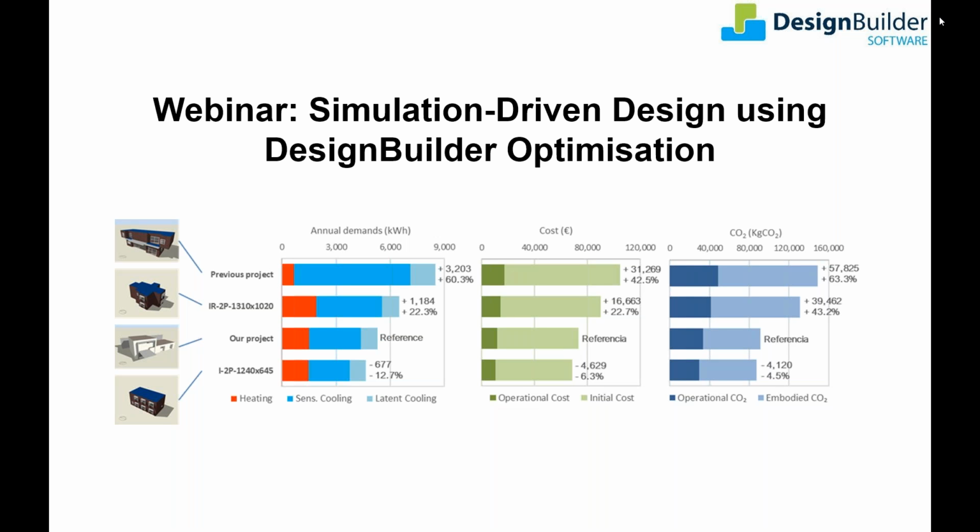Arturo will then show you how he used DesignBuilder's optimization tools to significantly reduce energy consumption and construction cost, whilst maximizing the use of healthy materials in an eco-friendly house project in Spain. That project was actually shortlisted for a prize in the 2018 CIBSE Building Simulation Group's annual competition.